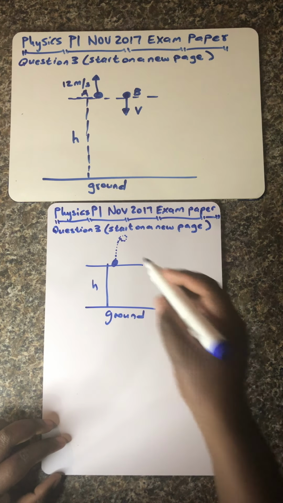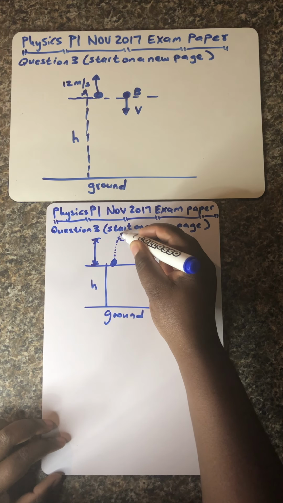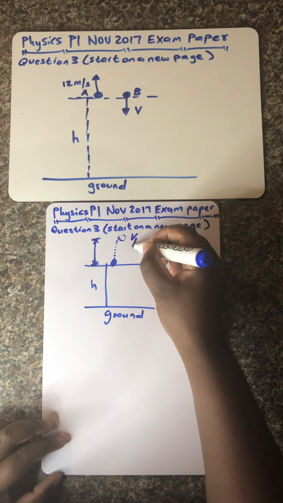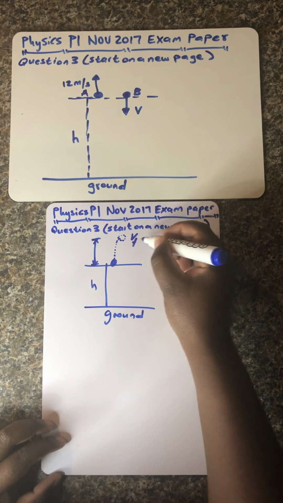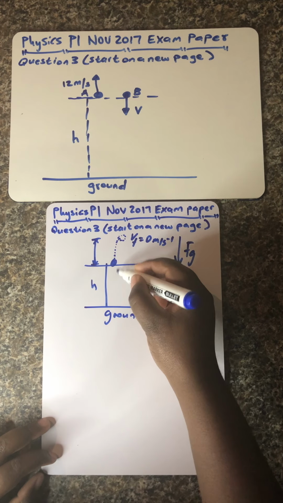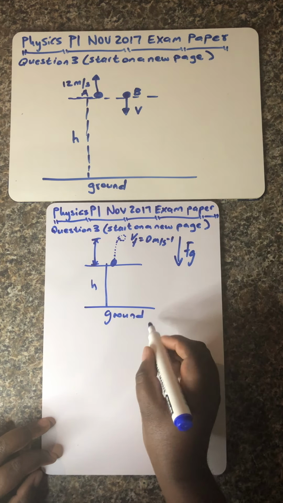Remember guys, almost everything that you throw upwards goes up until it gets to a point where its v final is equal to 0 meters per second. The reason why it decreases its velocity up to 0 as it goes up is because of the force of gravity. The force of gravity is pulling the object thrown vertically upwards back to the ground.